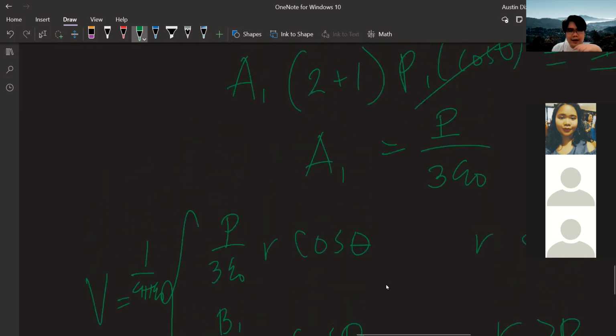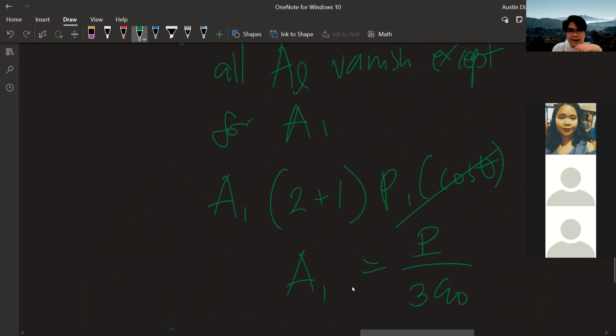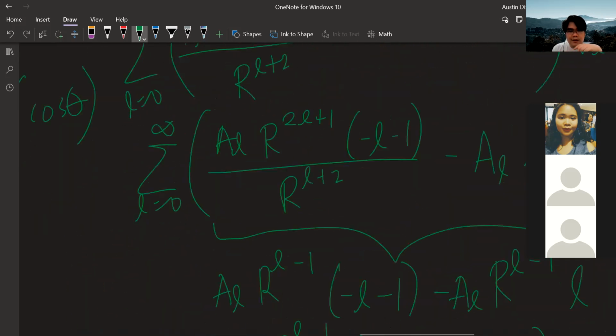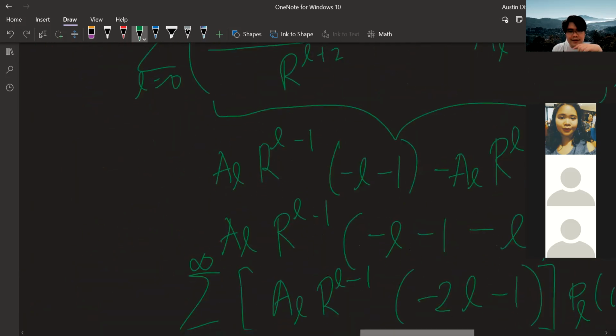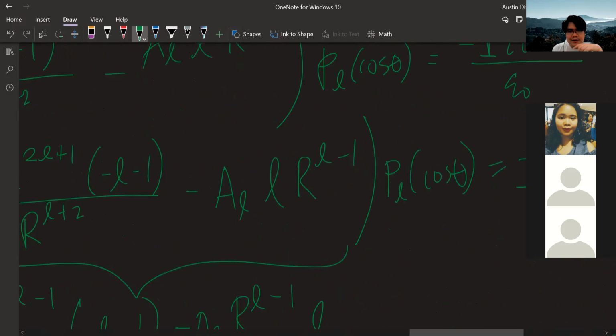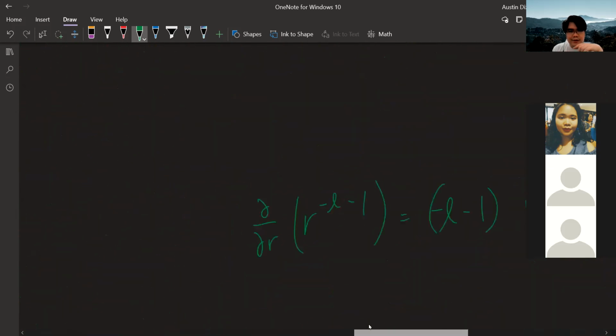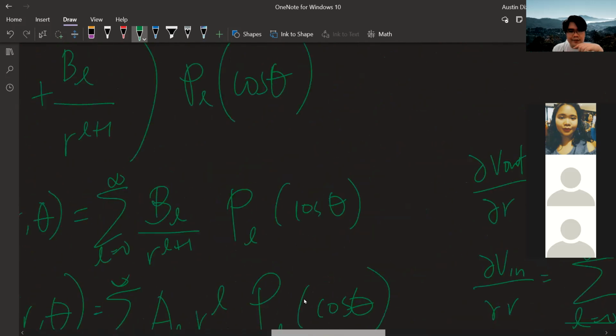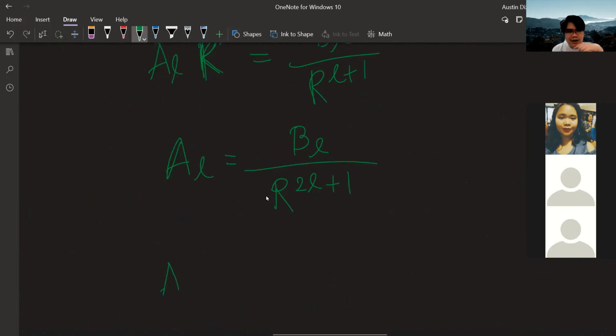Okay. And then what is B1? Hanapin natin si B. Makita si B. Where you at, my bro? Ayan. Pala. Okay, so A1 is just B1 over R cubed.